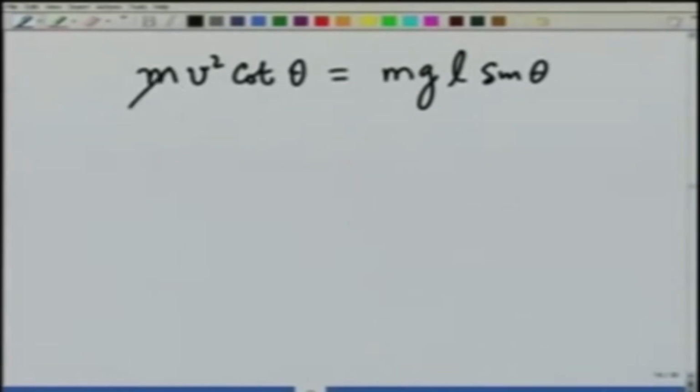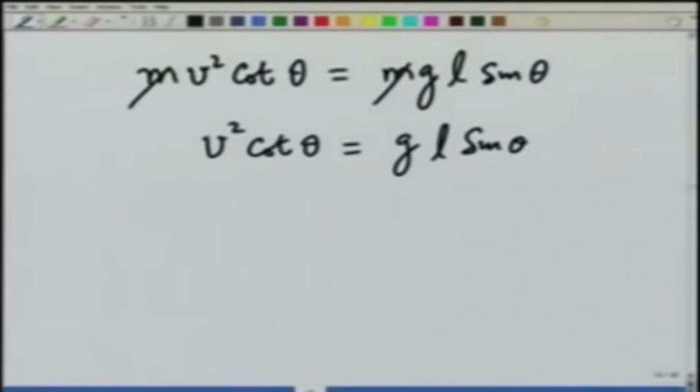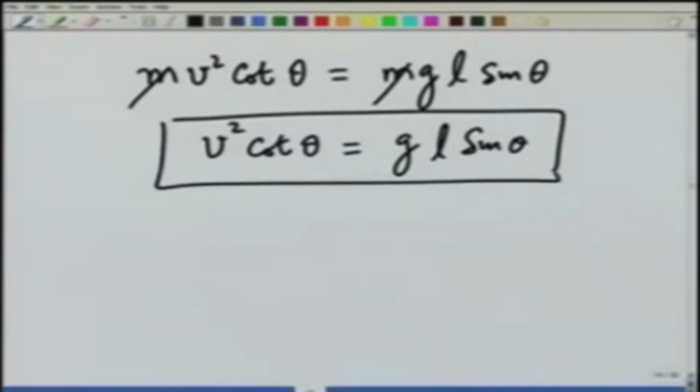M drops out, and therefore, we get v square cotangent theta equals g L sine of theta. This is what we get. The most I can get from this is theta as a function of v and gL.